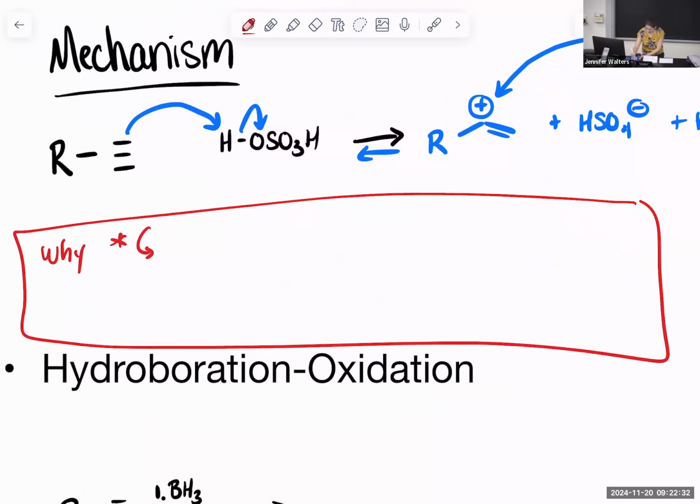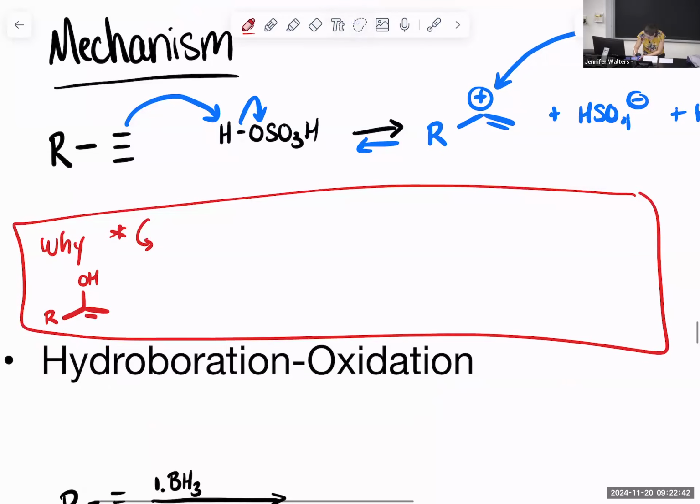We have to think about the reaction. If I just imagine that alkene acting like a normal double bond to take that acidic proton, right? So without that extra arrow.